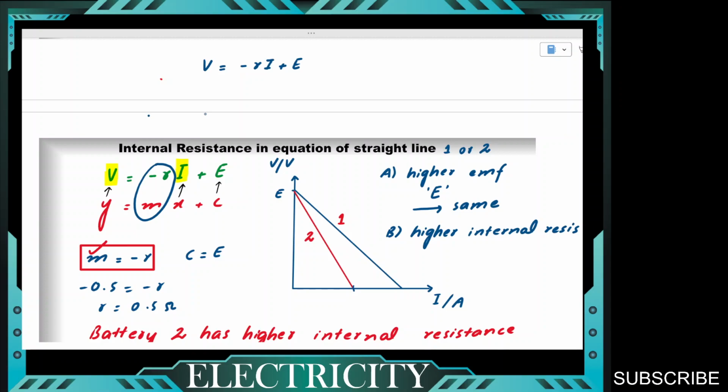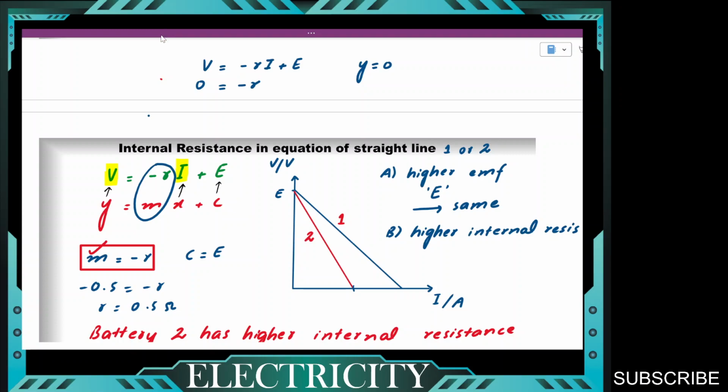In order to find the x-intercept, the value of y has to be 0. So you write 0 over here, equals to minus r, and then we have to make I the subject, plus E.